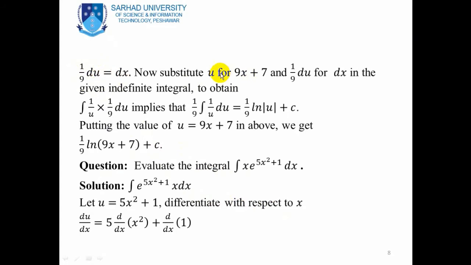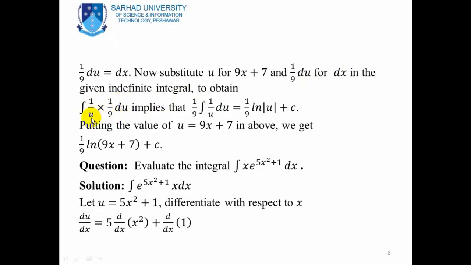Now, by using this substitution, u for 9x plus 7 and 1 over 9 du for dx in the given indefinite integral, we obtain the integration of 1 over u multiplied by 1 over 9 du. This u is used for 9x plus 7.